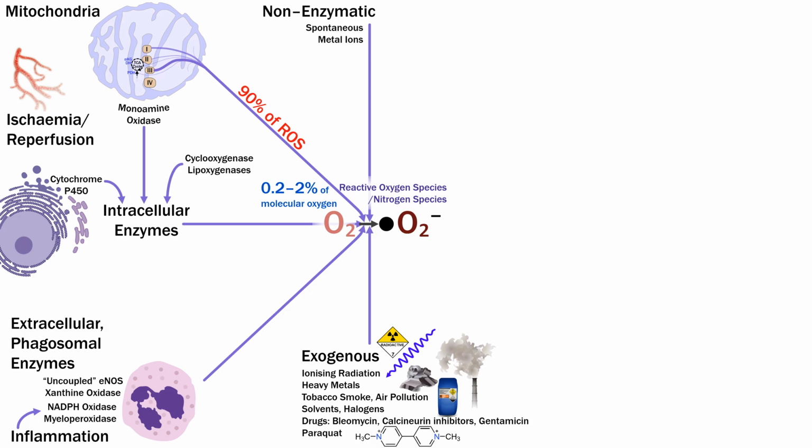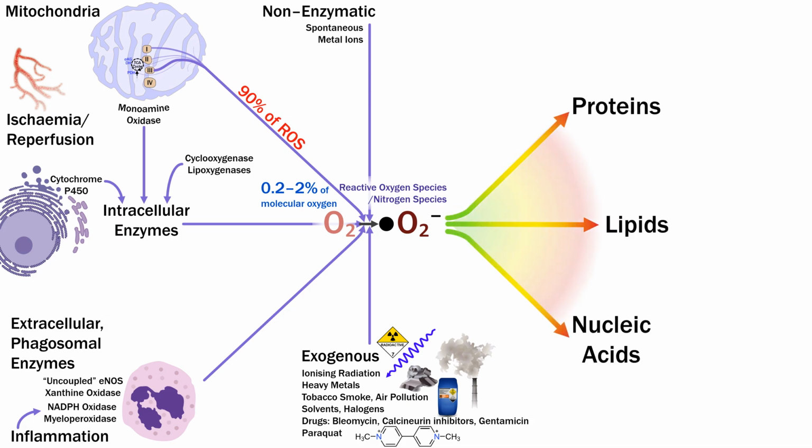So what do reactive oxygen species do in the body? Why are they an issue? Essentially, they can damage all major biological molecules, including proteins, lipids, and nucleic acids. That said, there is evidence that not all reactive oxygen species are bad.